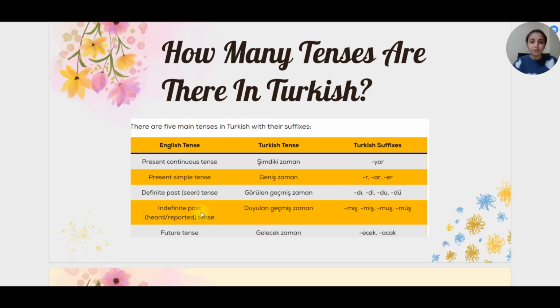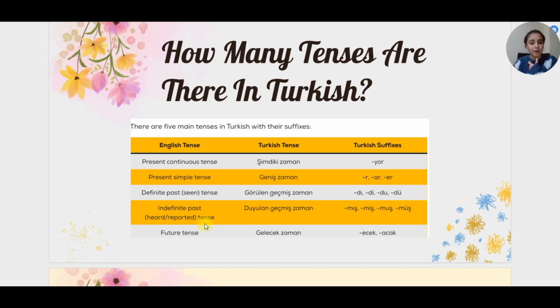And here you need to use past tense, but this is the reported one and you didn't see the event with your own eyes, and you have to say, I heard that, or she told that, but I didn't see it, I just heard. Or I just realized I did something accidentally.